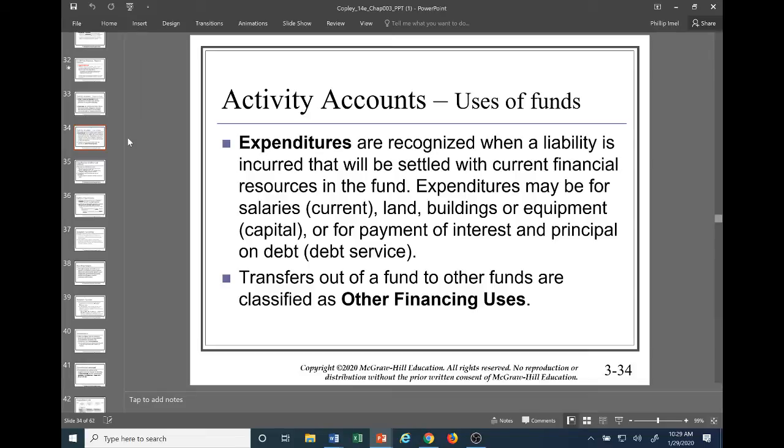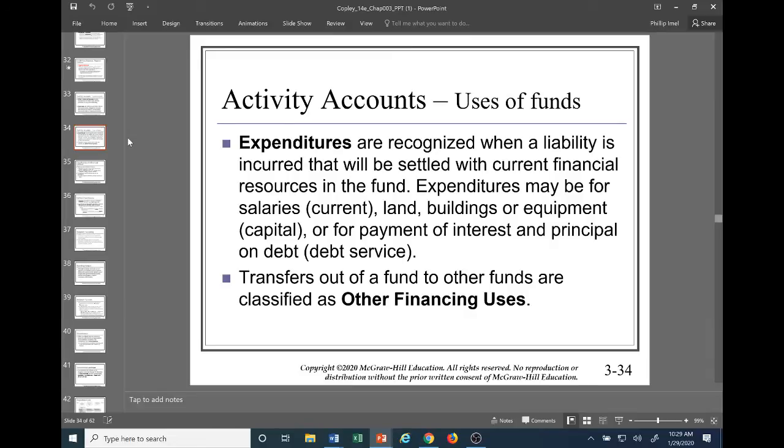So when we recognize a liability that's going to be settled with those current resources within that fund, that's an expenditure. Okay, so we've expended some of that money that's available. That's why it's an expenditure and not an expense per se. I know it's kind of a confusing subject, but that's what the expenditure is.